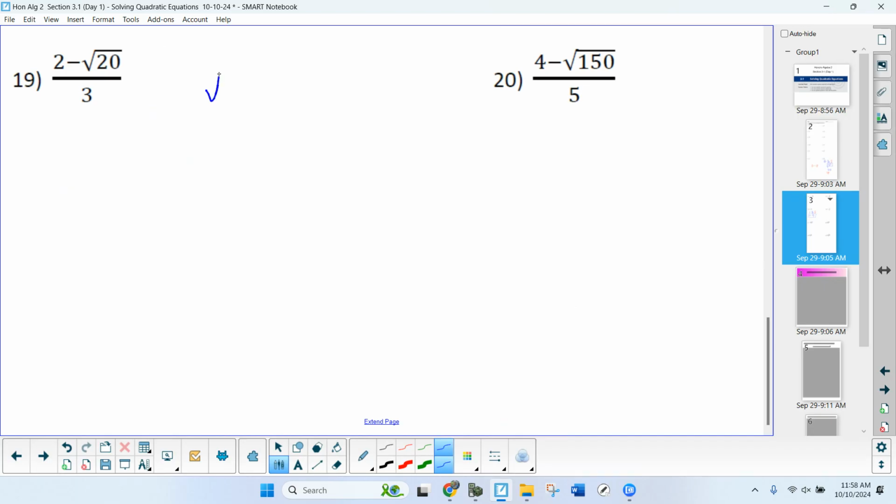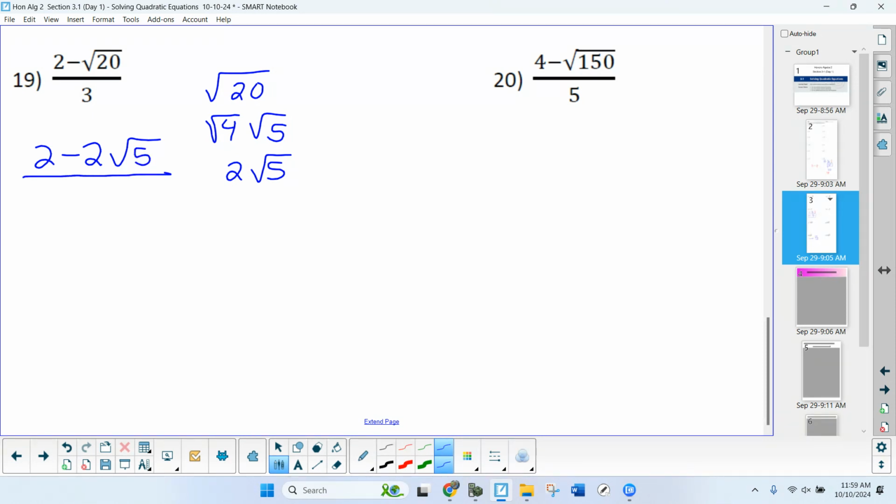So let's come off to the side and break it up. What can you break 20 up into such that one of them is a perfect square? 4 and 5. And what's the square root of 4? 2. So the square root of 20 is 2 square root of 5, and I have 2 minus 2 square root of 5 all over 3.